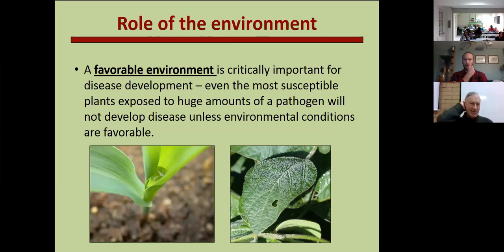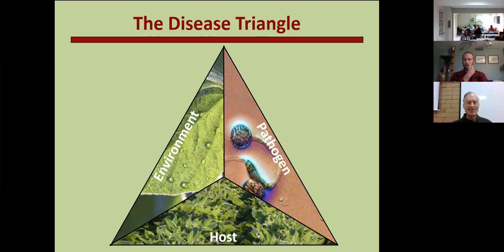Even the most susceptible plants exposed to huge amounts of a pathogen will not develop disease unless environmental conditions are favorable. So that results in a disease triangle.